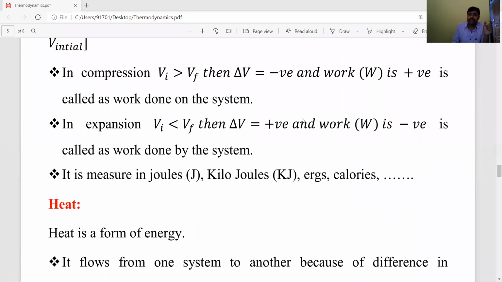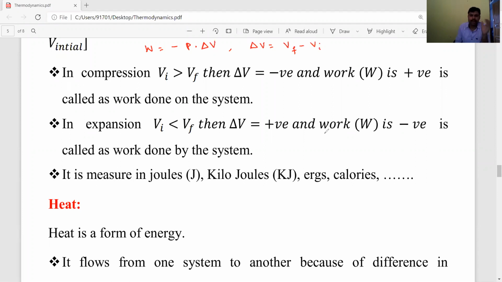Now it's very clear, dear students. Mechanical work W is equal to negative sign of pressure into change in volume, delta V, and delta V is the final volume of the system minus the initial volume.